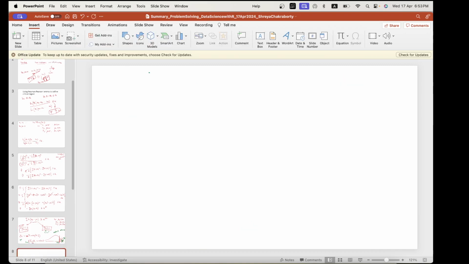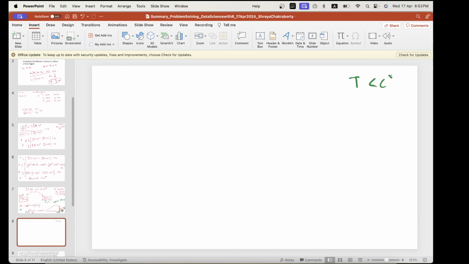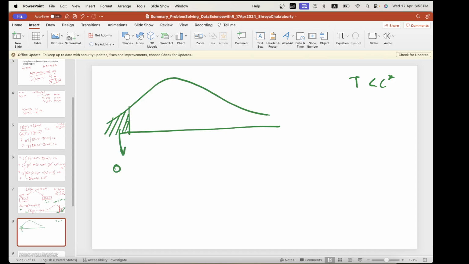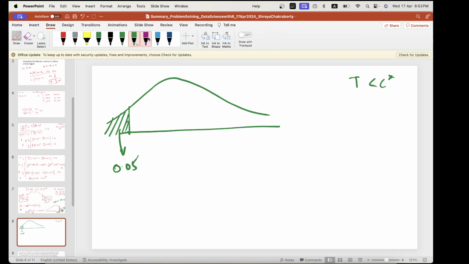So if you have T less than C prime, and if this is your normal distribution, with area below this, let's say 0.05, then if your T observed falls in this region, you are going to reject H naught. If T falls in this region beyond minus 1.64, then you are going to reject, and your p-value will be the probability of this area. All right. So that area will be less than 0.05.